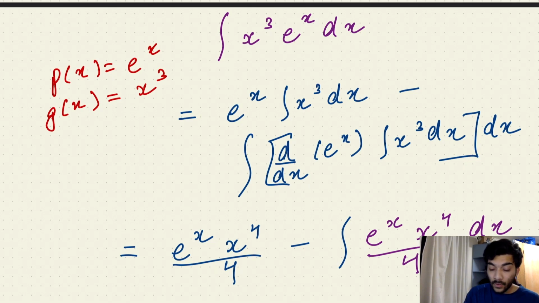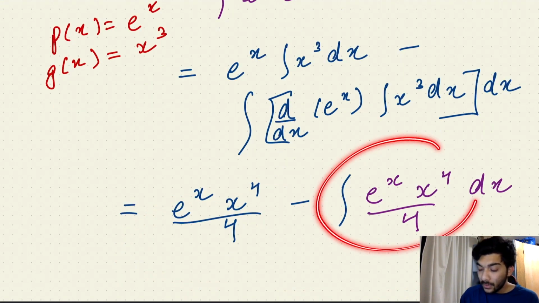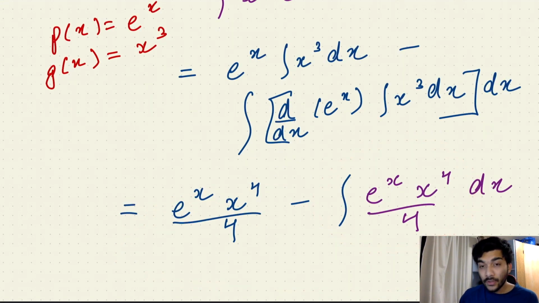So now if you follow this approach, you are indeed making your calculations even more complex. So when you'll solve this indefinite integral using integration by parts again, by assuming the first function to be e to the power x and the second function to be x to the power 4, you will make an expression which would look like integral e to the power x times x to the power 5 in this case.